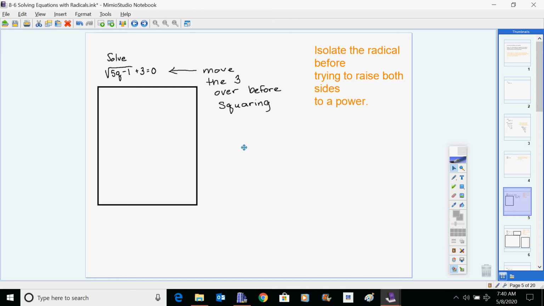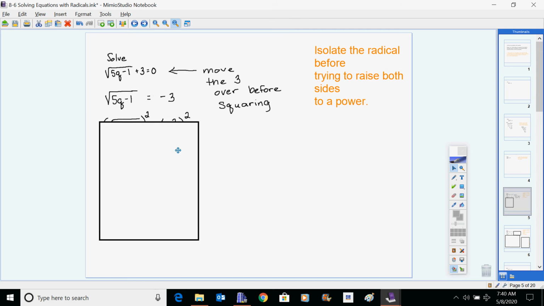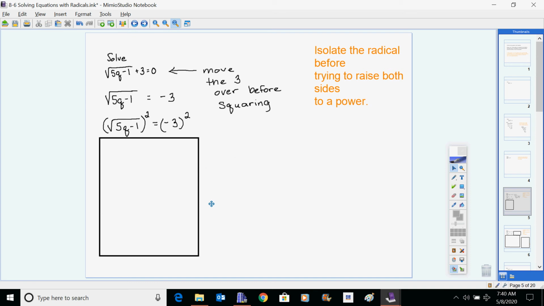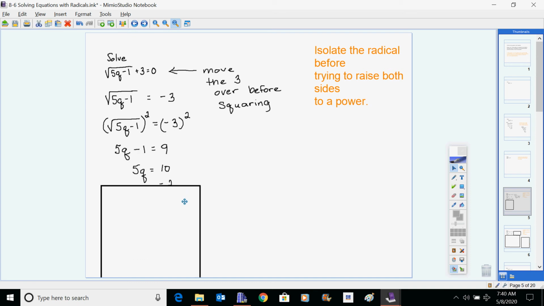Well, move the 3 over is a really terrible way of putting that, but we subtract it from both sides. And when we subtract the 3 from both sides, we end up with something that we can square easily. So when I square them, I get a number that's easy to solve for. Add 1 and then divide by 5 and we get 2.